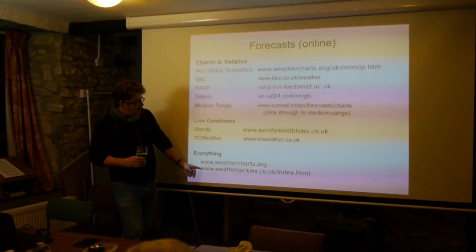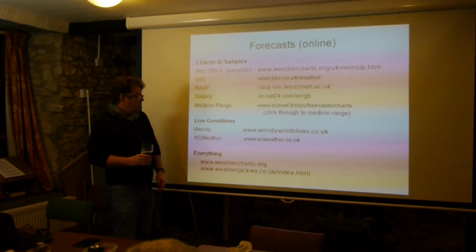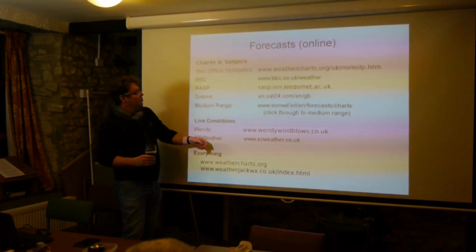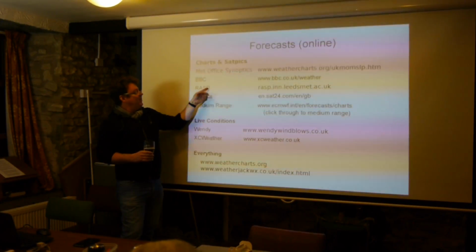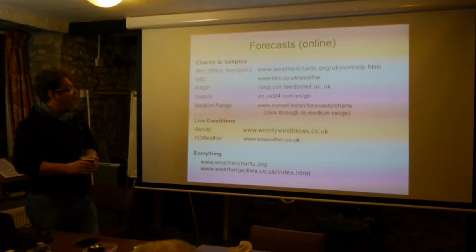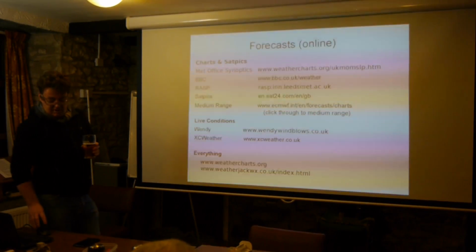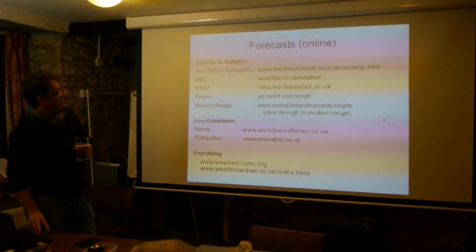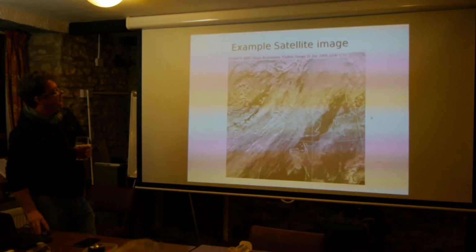And there's a site called Weatherjack, who's a guy who used to run a manual forecast a bit like RASP, but now he maintains a collection of weather links that shows pretty much everything that you could possibly want. So that's a reasonable selection of where it's good to get forecast information from online.